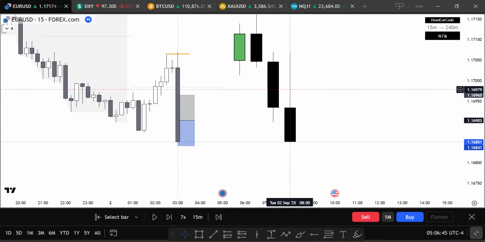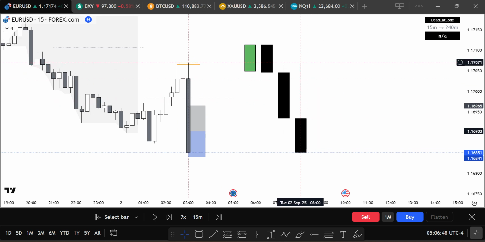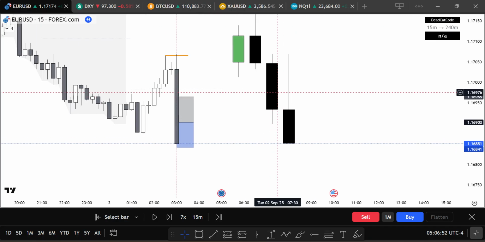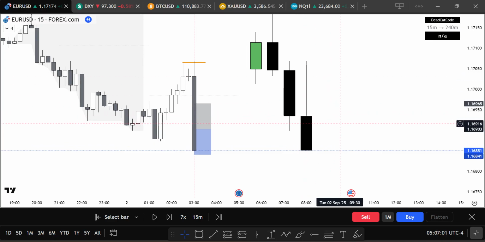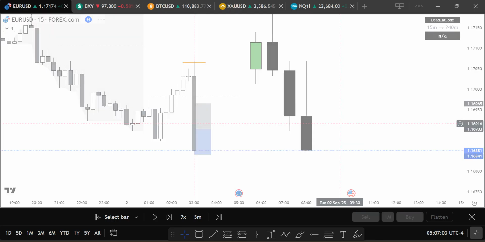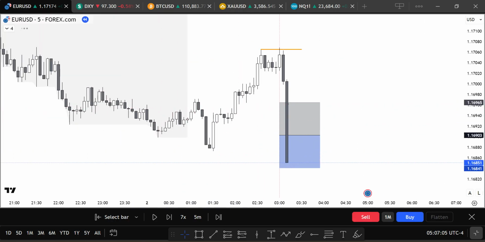You can see that this candle went up, right? I think, yeah, it didn't sweep this high. It went up, created a wick, right? And then started flipping this candle bearish. So there's a high probability that price is ready to go down first.